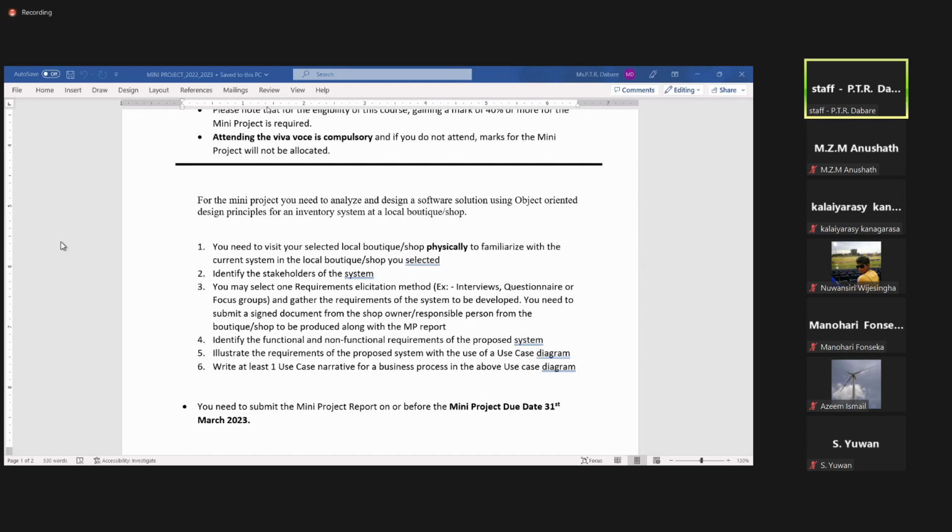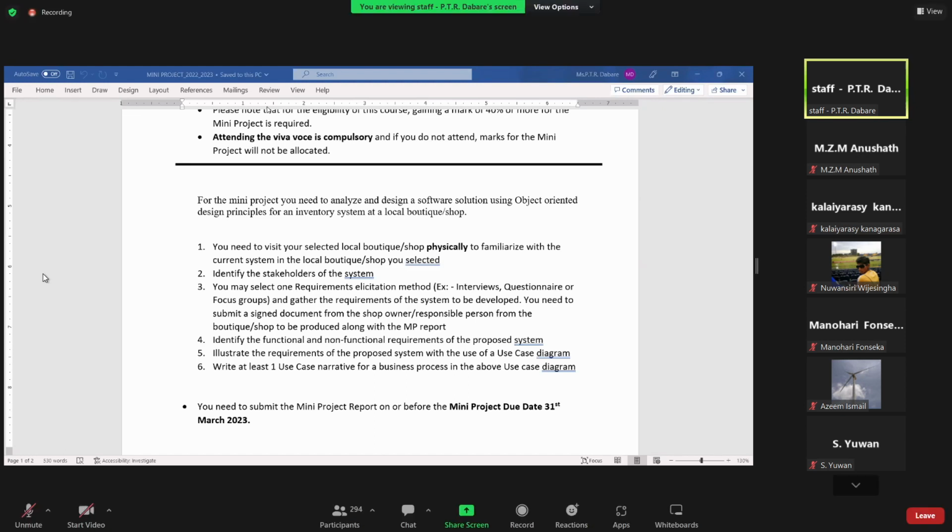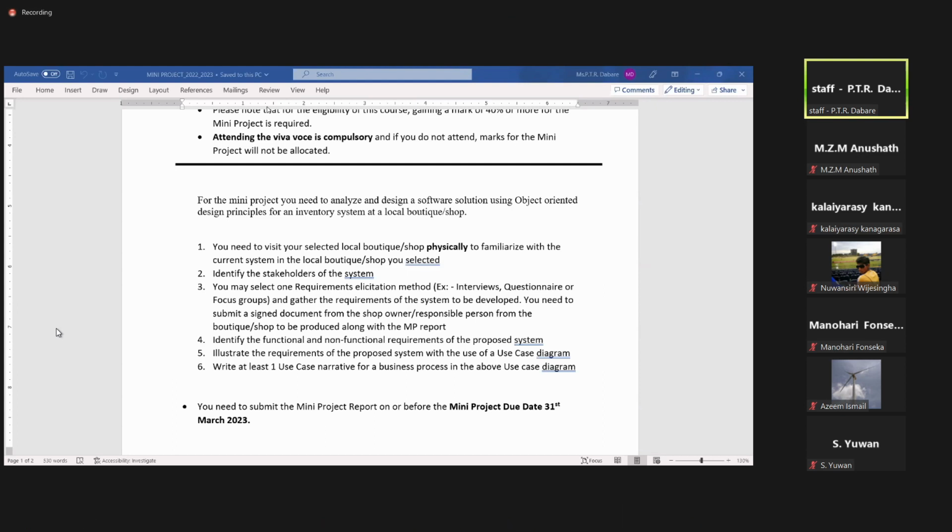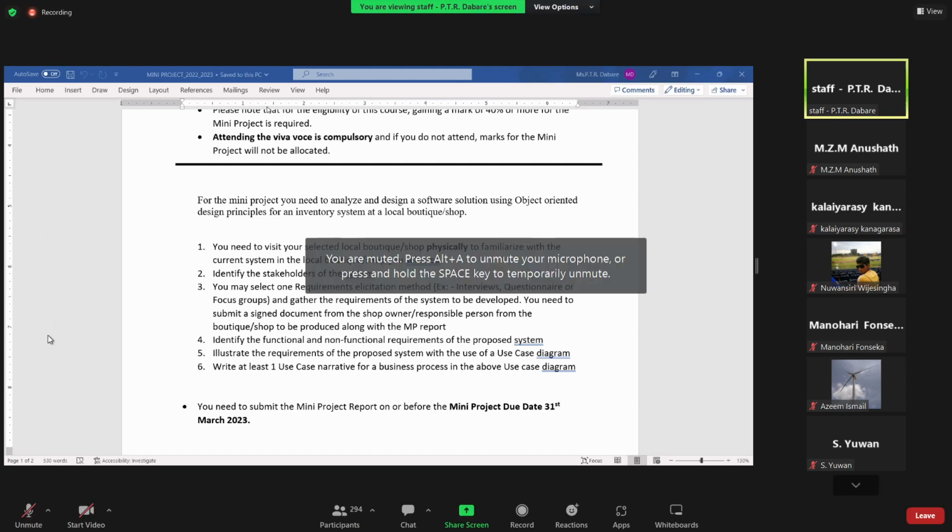If it is a very small place without a computerized system, that's good. It doesn't have to be so small that they don't have goods. They have to have goods. So it's a sort of small scale business place, a shop without a software system in place.